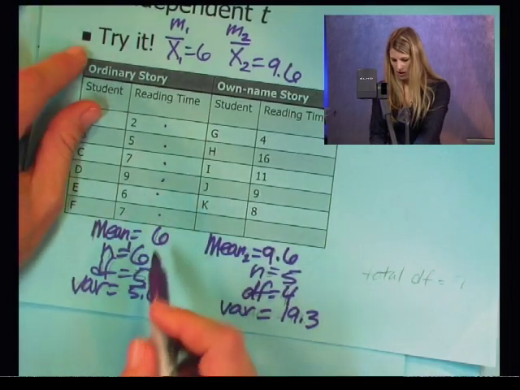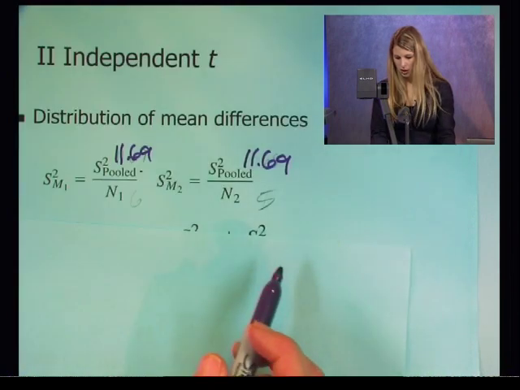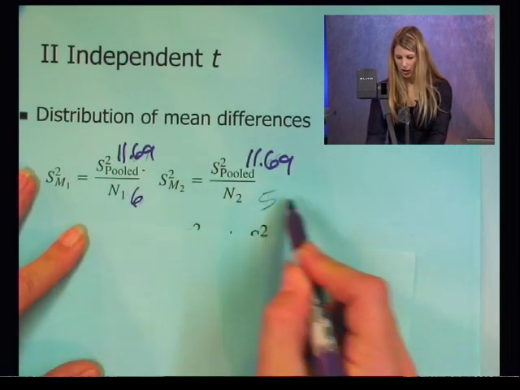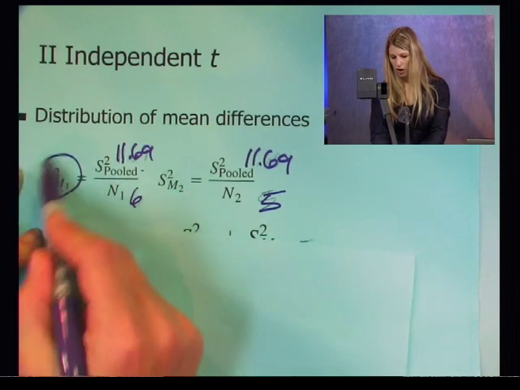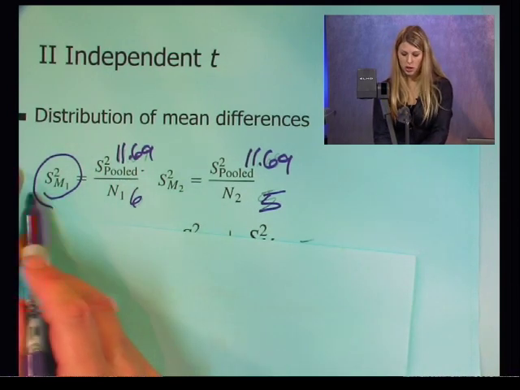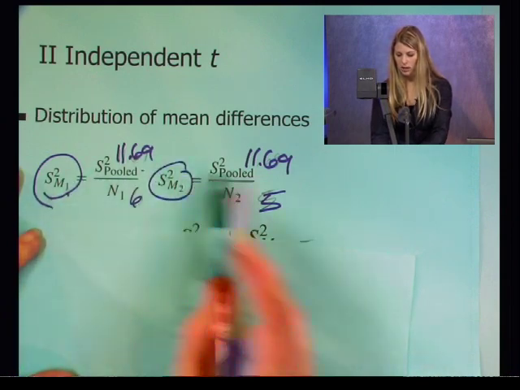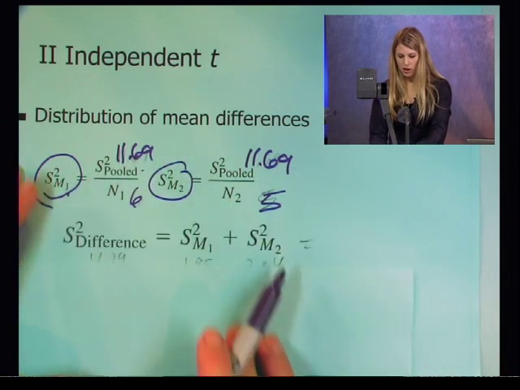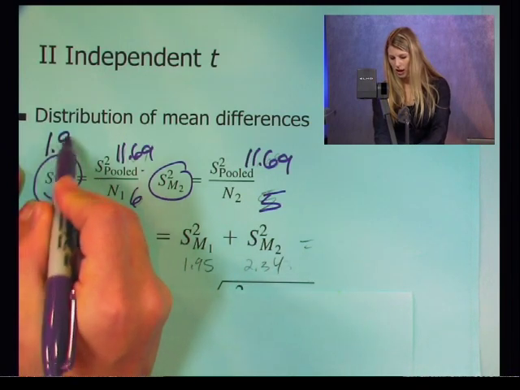We have the n of 1 is 6, n of 2 is 5. So you divide this one by 6, you divide this one by 5, and you're going to end up with your variance of the means for the first group, your variance of the means for the second group.